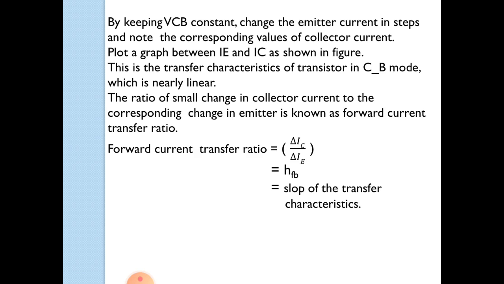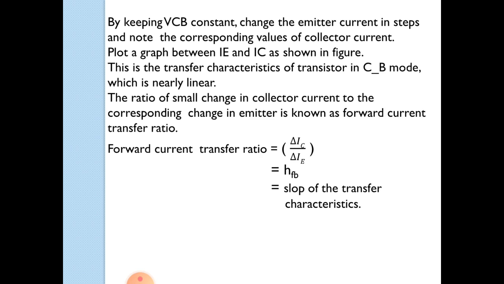The graph is linear, meaning we get a straight line, and the ratio of small change in collector current to the corresponding change in emitter current is known as the forward current transfer ratio. So the forward current transfer ratio is equal to del IC divided by del IE, meaning the change in the output current to the change in the input current.